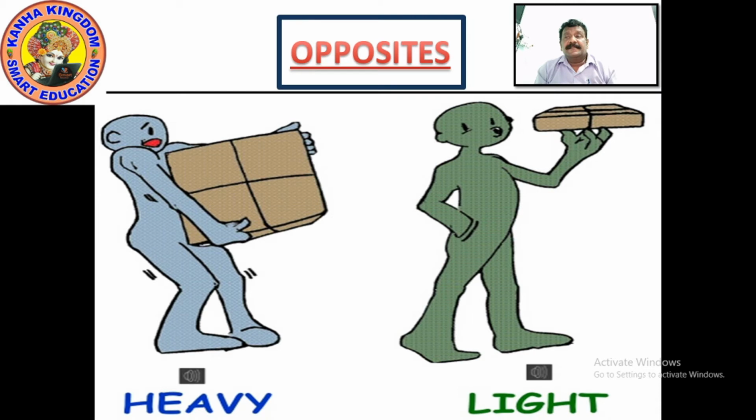Now look at the opposites here, where you can see heavy and light. What is heavy? Heavy means the things which have more weight. See how he is picking it up.